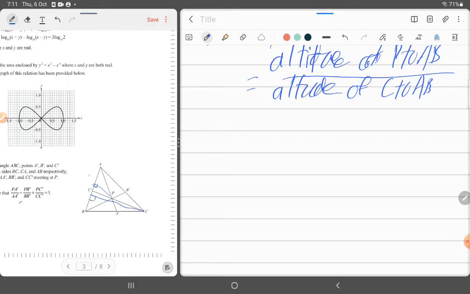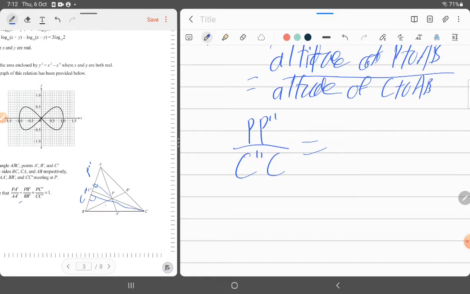Let's just call it P double dash and C double dash. The altitude of P to AB is P P double dash, and the altitude of C to AB is C C double dash.